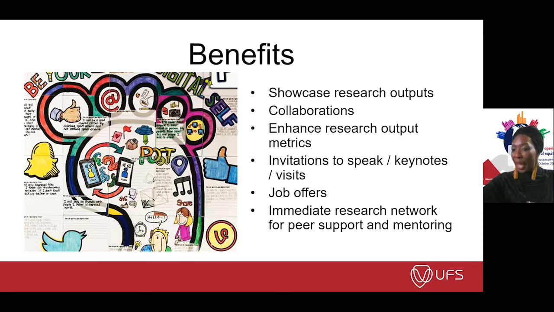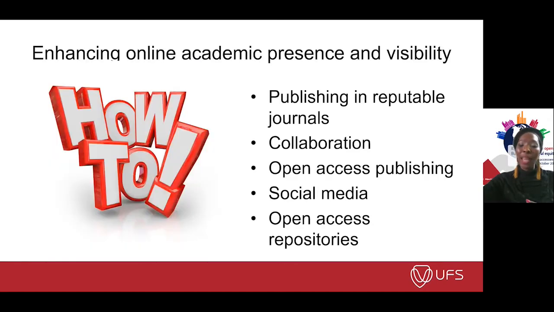And if they're able to see your work, if they're able to see your academic profile online, then that enhances the chances of having such people reaching out and engaging with you further with regards to your outputs or your research interests as well. And there are various ways in which you can do this to enhance your academic presence or visibility as a researcher.